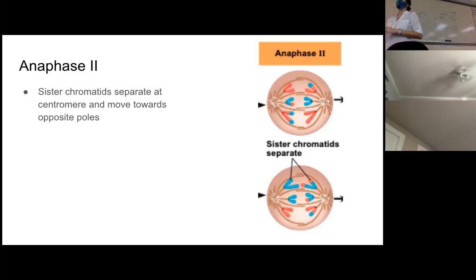Okay, so now we have one copy of each sister chromatid pair.